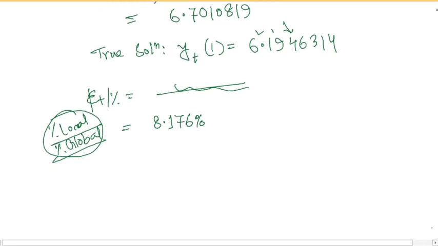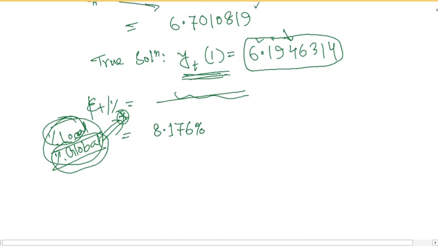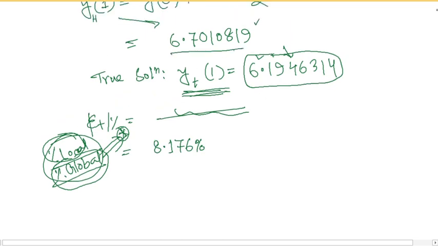If you are asked to determine the local error, then you will have to take the true value again for the next step, y equals y1. And in case you are trying to find the global error, and this is the error we generally use, you will have to use the value obtained from Heun's method for the next step.